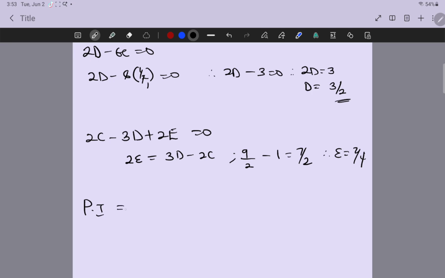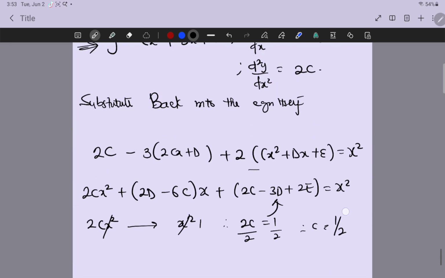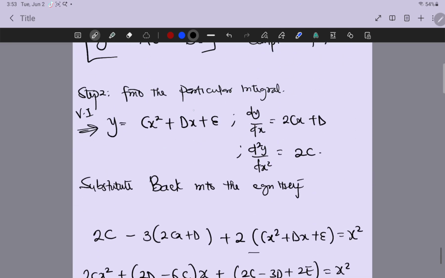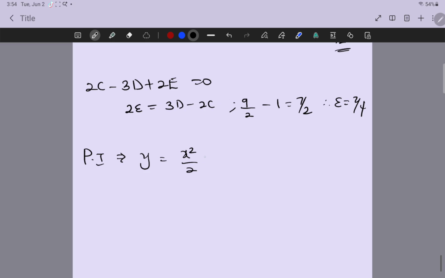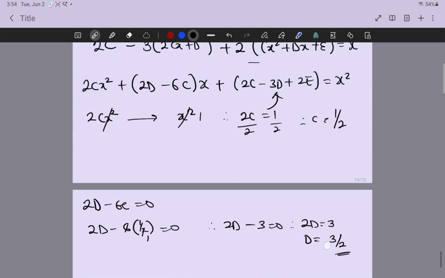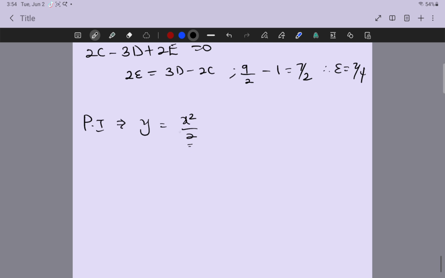So it means that your particular integral is equal to x squared over 2. Remember when we said particular integral? Look at it here. Particular integral is cx squared plus dx plus e. So we are multiplying it now. Cx squared, this is it. Because your c is what? 1 over 2. So it's like you saying 1 over 2 times x squared.